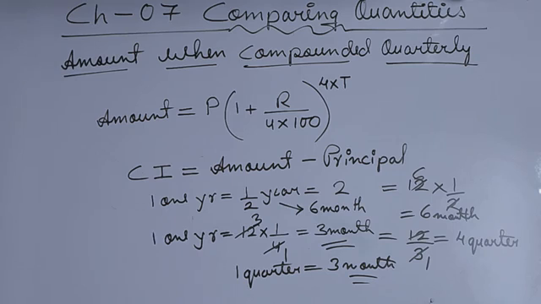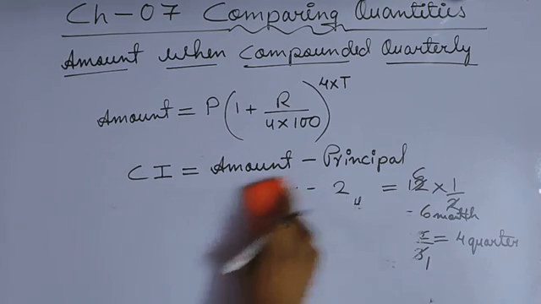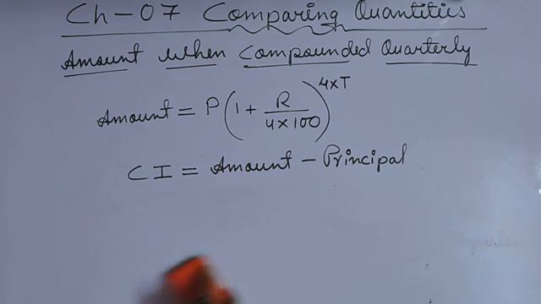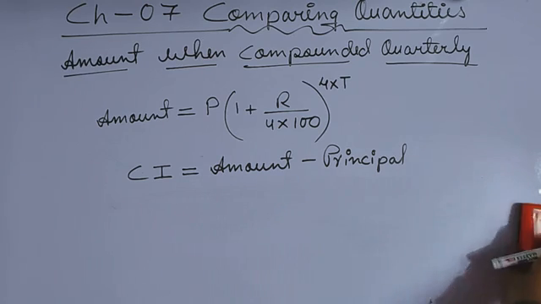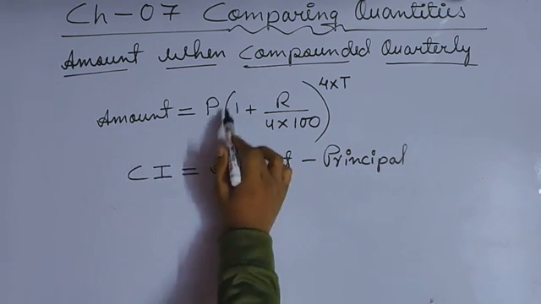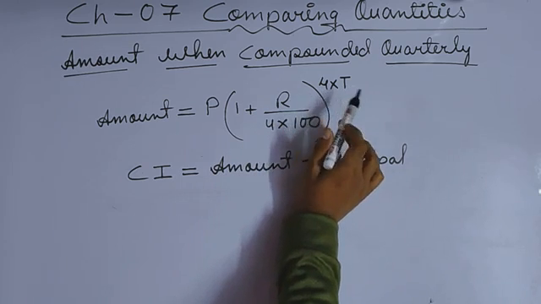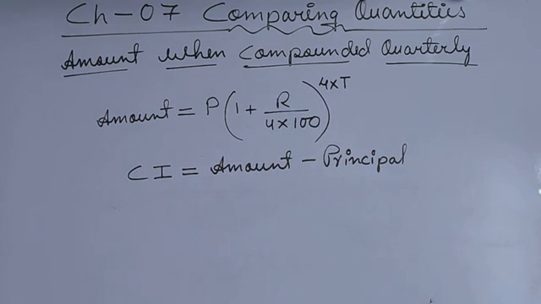And the formula that we are going to use here: quarter means 1/4. So the formula for the amount changes when we calculate the compound interest quarterly. The amount becomes A equals P times (1 plus R upon 4 multiplied by 100) to the power 4T.